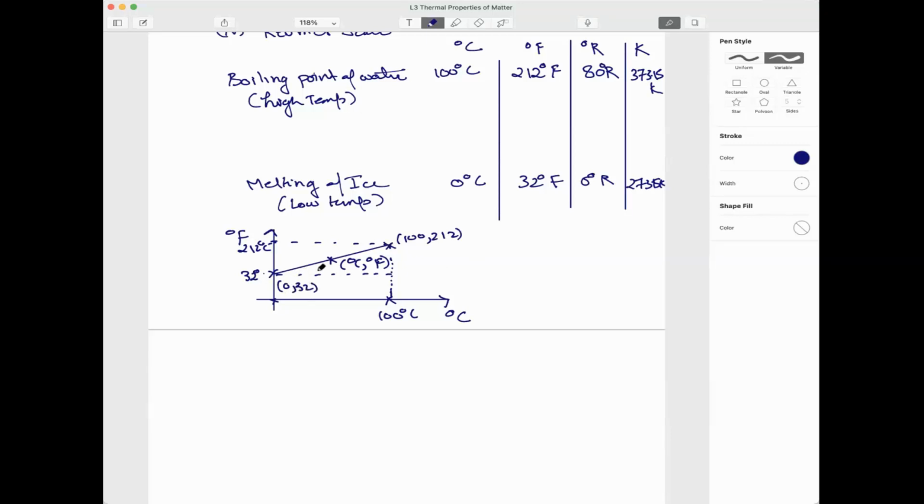So the slope of the line is 212 minus 32 divided by 100 minus 0. And the slope from here to here is F minus 32 divided by C minus 0. So from here we get a relation, and we can relate F and C.